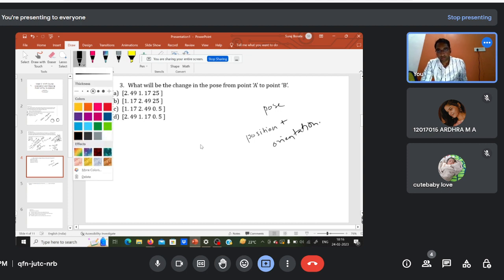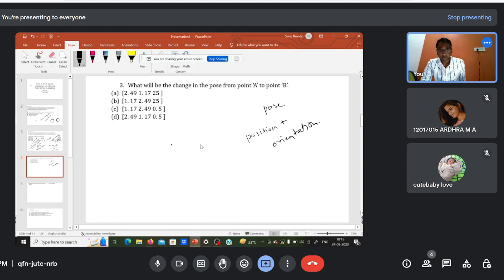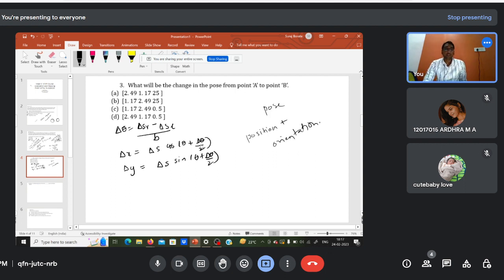So delta theta is equal to delta SR minus delta SL upon B, and delta X is nothing but delta S cos of theta plus delta theta by 2, and delta Y is equal to delta S sine of theta plus delta theta by 2. Okay, and what is delta S? Delta S is nothing but delta SR plus delta SL by 2.